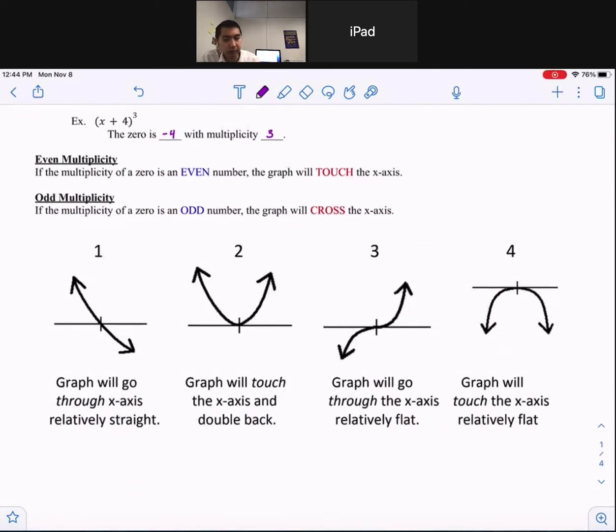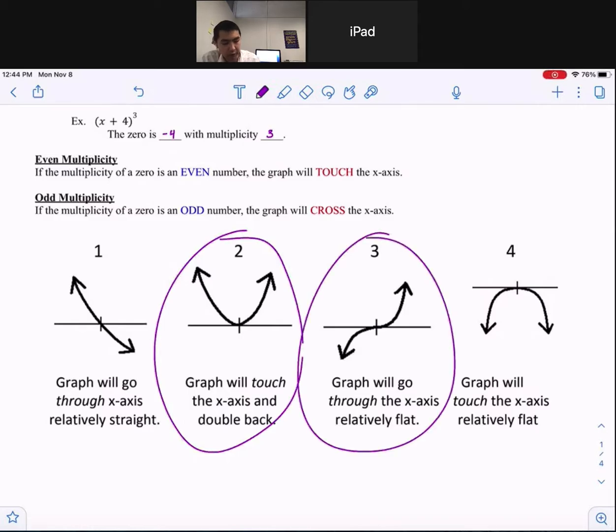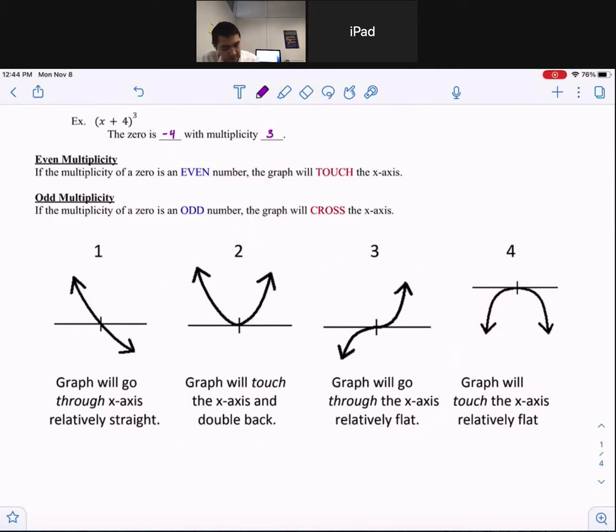So at certain multiplicities, there is a correlation to how it affects the graph. So for example, if you had a multiplicity of 1, the graph is going to cross at that 0. So in your notes, write down the word cross, okay?